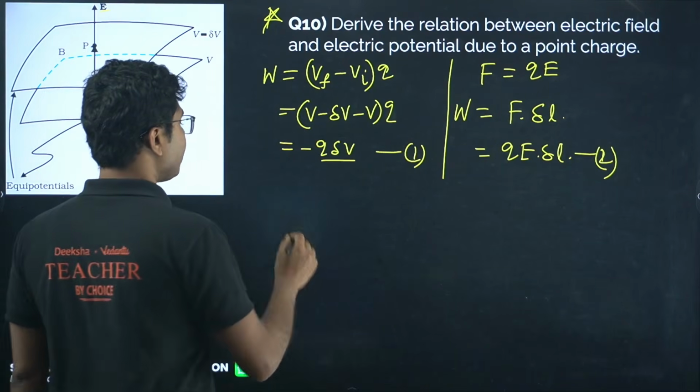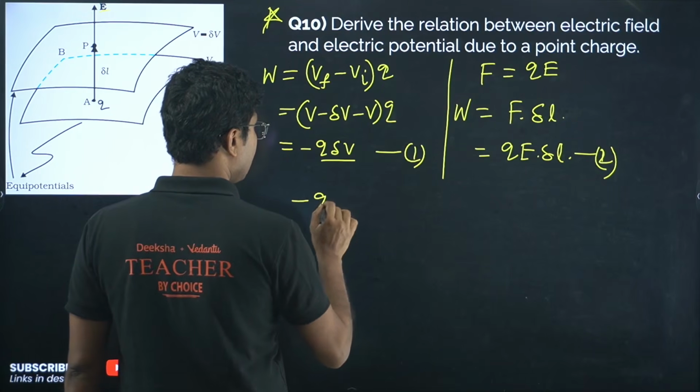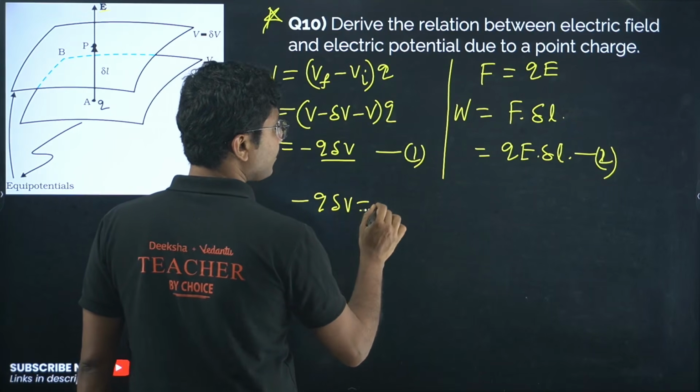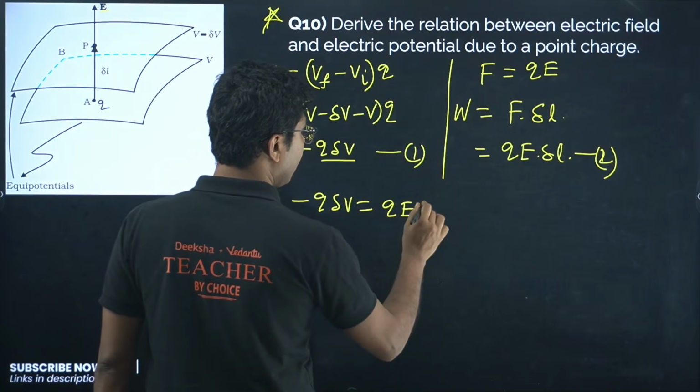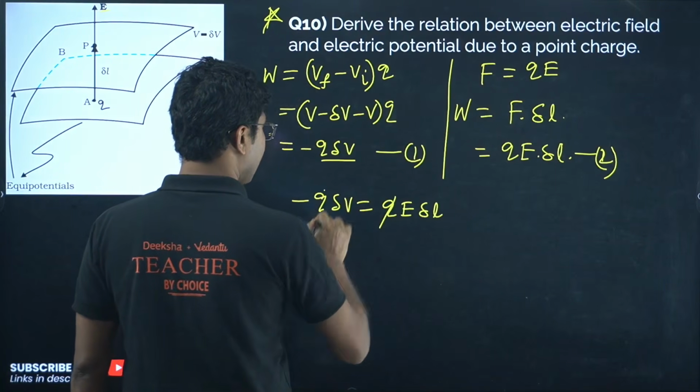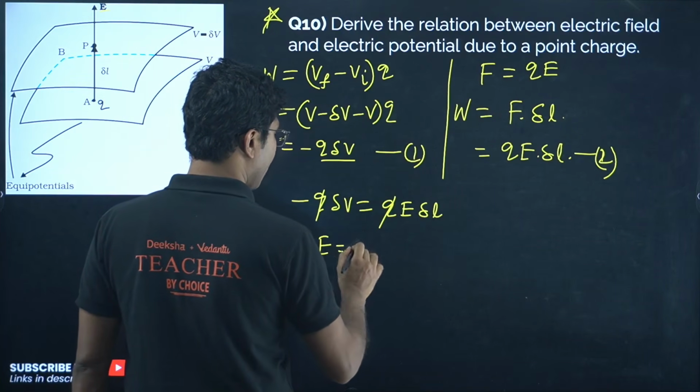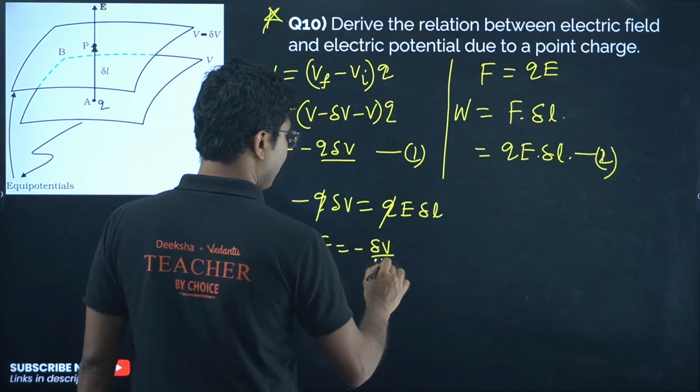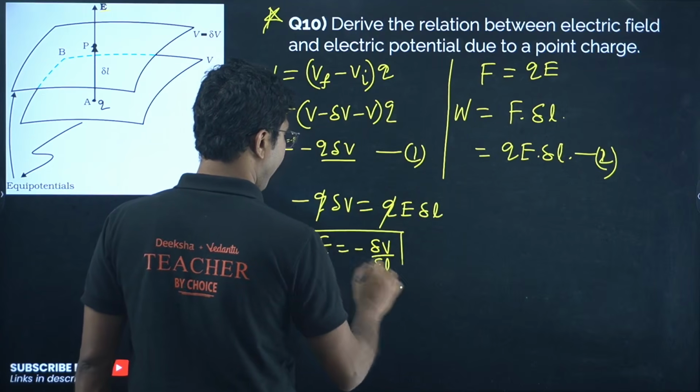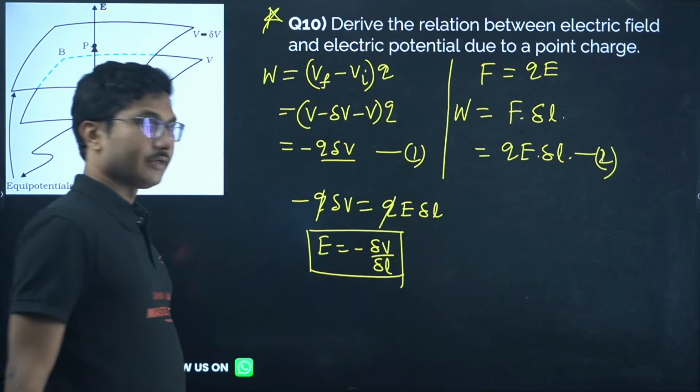So minus Q into delta V must be equal to Q into E into delta L. Q cancels, and you get E equals minus delta V by delta L.